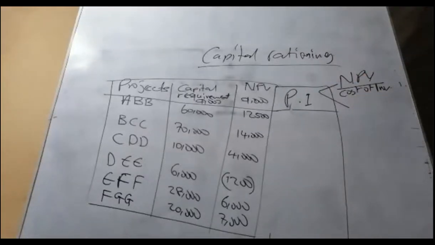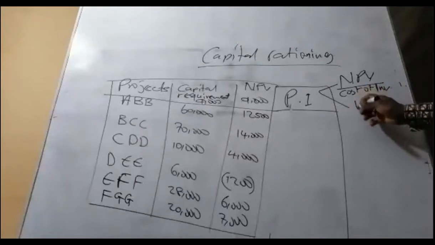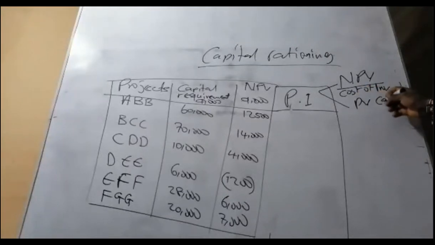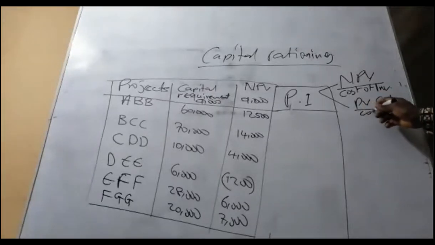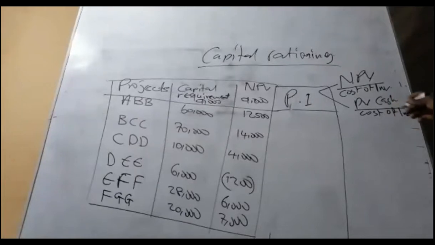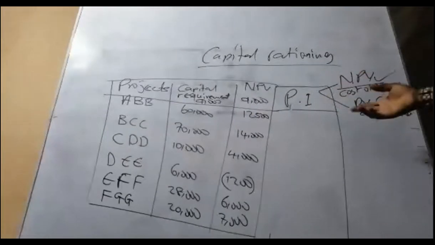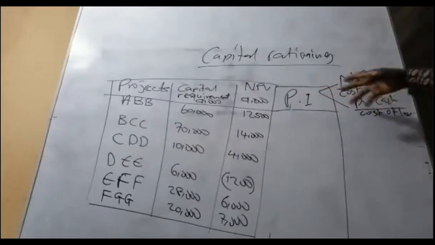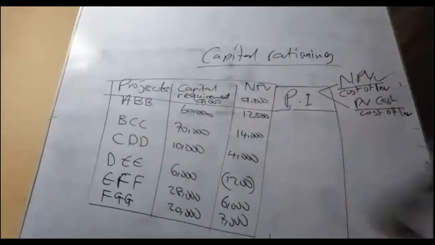Formula number 2 is equal to the PV of cash flows divided by the cost of investment. But we use formula 2. It's good that you know both, so whichever the examiner presents the details for, you go by it. You can use either of these two with this question.